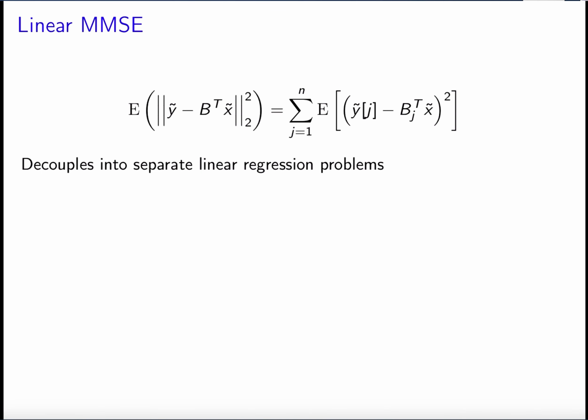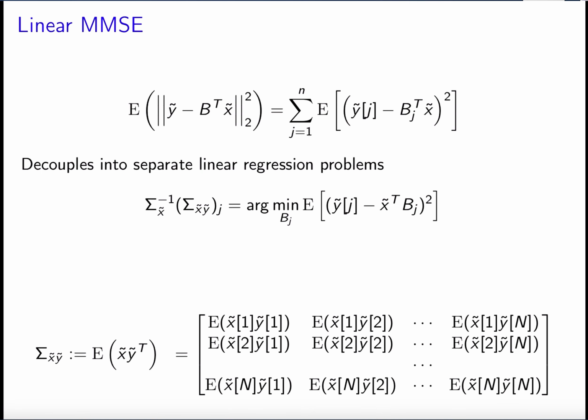Each of those linear regression problems, we know what its solution is going to be. And if you don't remember, you go back to the lecture, the video on mean squared error estimation. But basically, we have a response that is the jth entry of y, and we have features which are the entries of x.